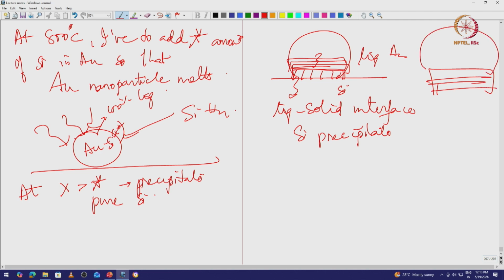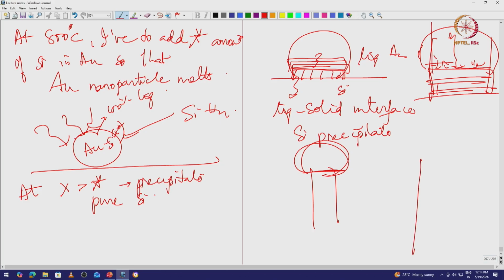So I have silicon that is precipitated, and more and more silicon keeps falling out of the gold onto this interface. If it has to precipitate, it precipitates here. So the length of silicon just increases in this direction, and the gold droplet rises up.